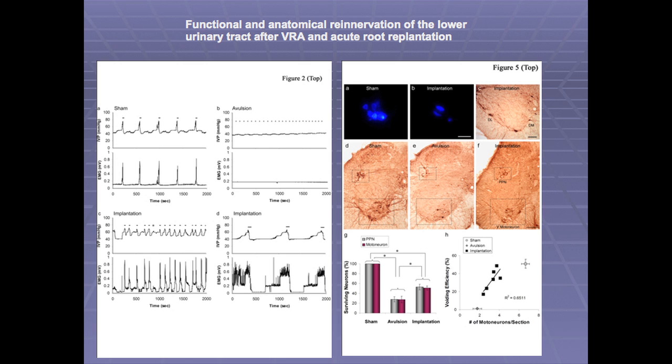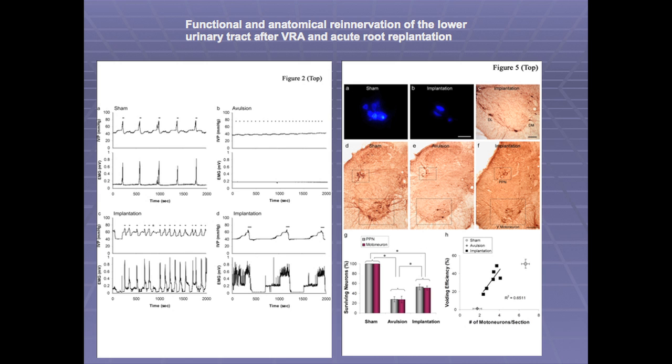So this is really the return of reflex micturition with this approach. To the right side of the slide, you see some sections of the spinal cord where we have done nerve cell counts and also labeled nerve cells in the spinal cord from the periphery to show that it's not just a functional recovery.